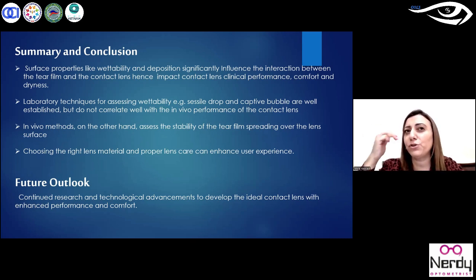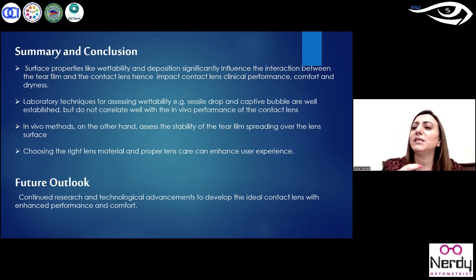Because when you put the lens in the eye, it takes the temperature of the eye, it takes all the characteristics of the media. It is in a different media than in a room or the lab. In vivo methods, on the other hand, can assess the stability, and they concentrate on the tear film.